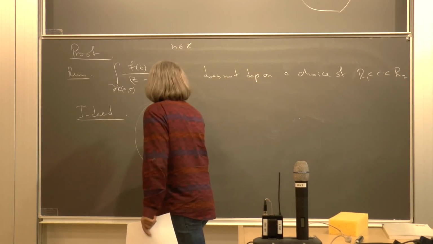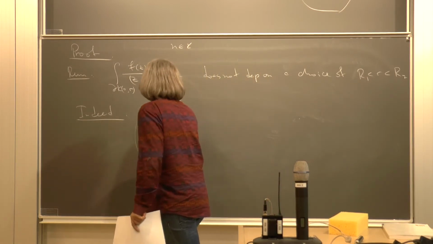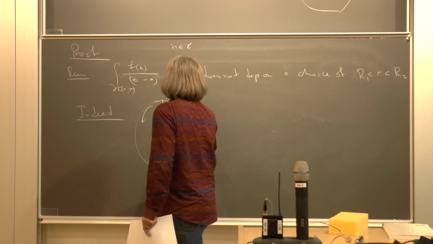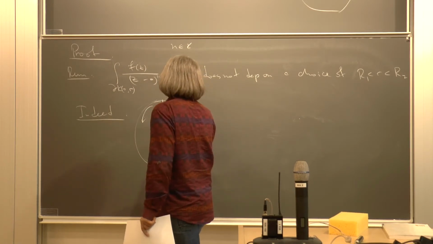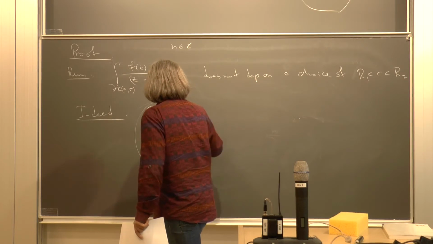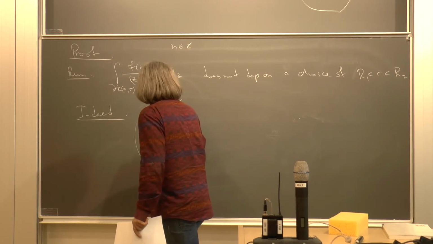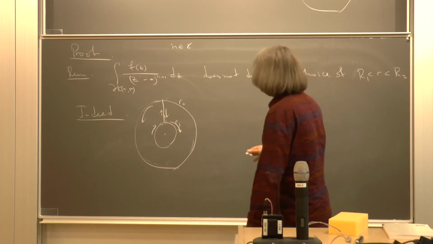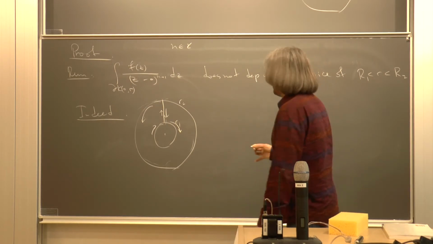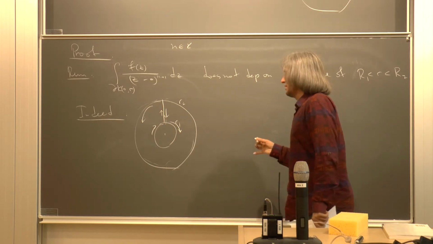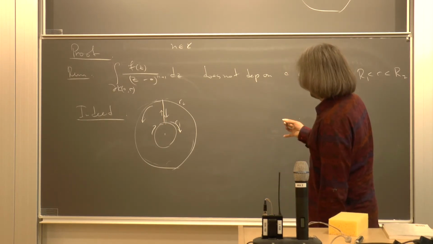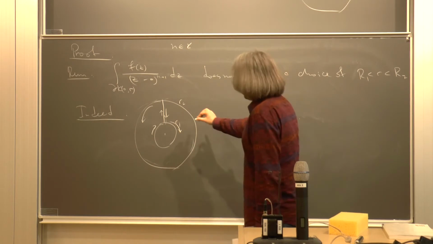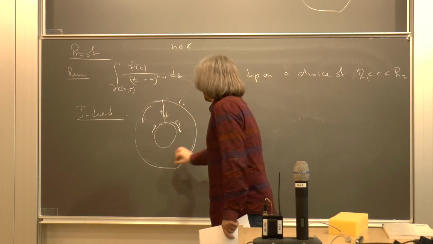and like this, like this, then like this, and ending at the point. So we will see from this that we can integrate over this closed curve.